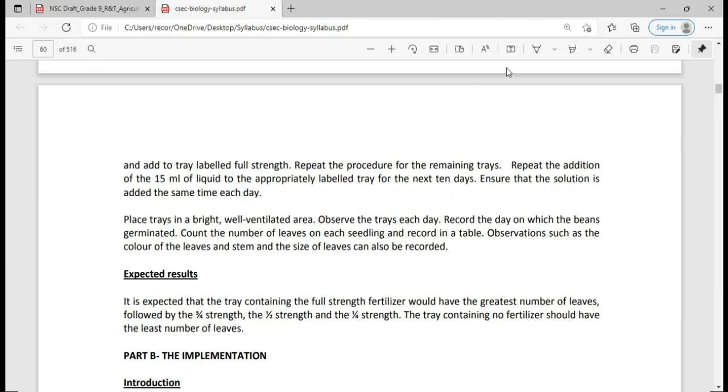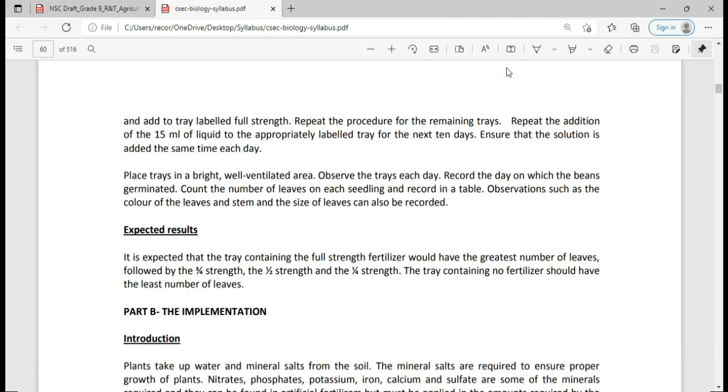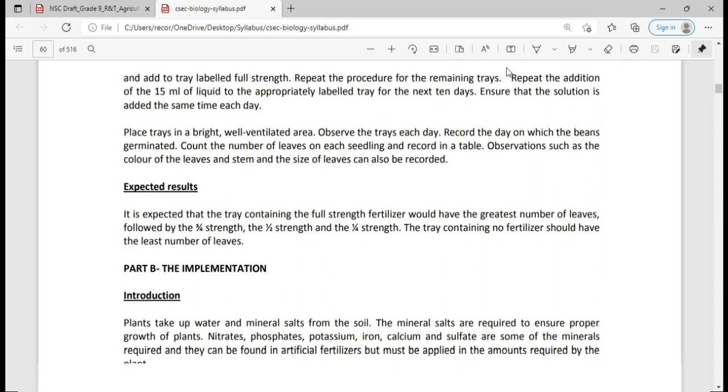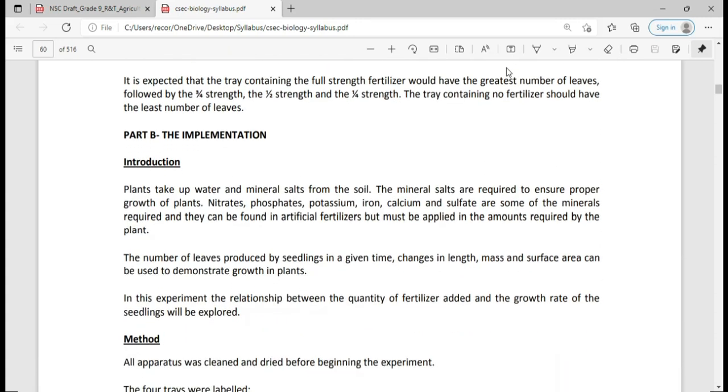And here it is fair to say that the one without fertilizer is our control because it has not been altered, and it will give you a true reflection as to what would have happened had the other trays not been altered with the different strength of fertilizer.